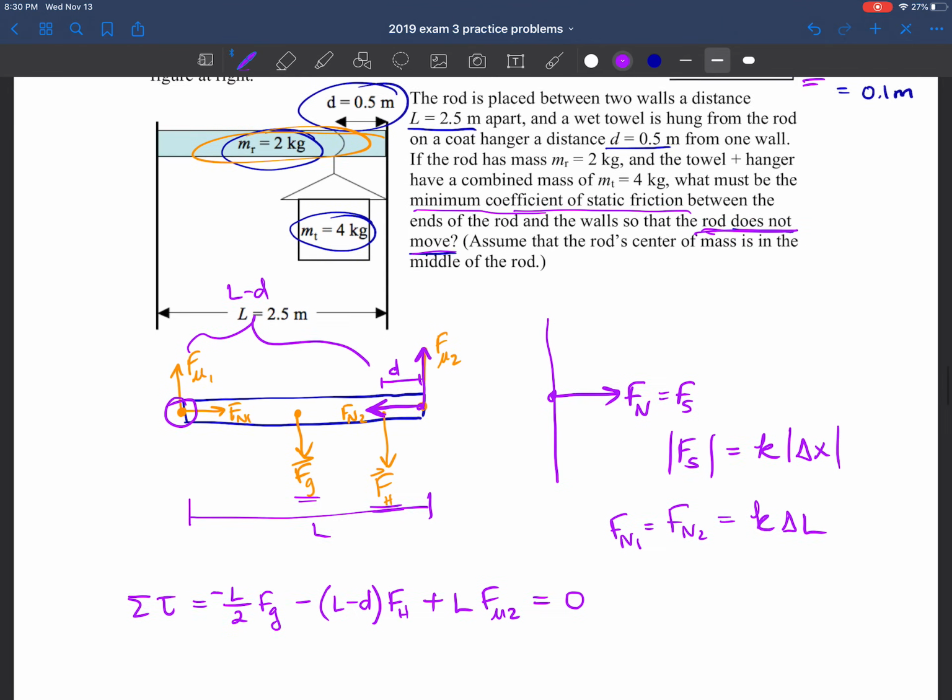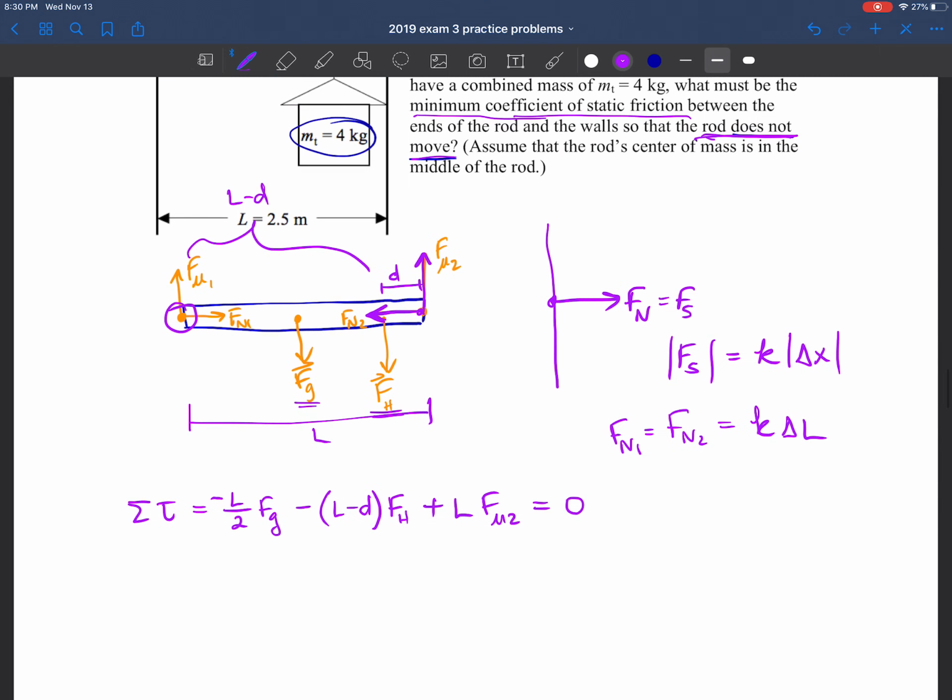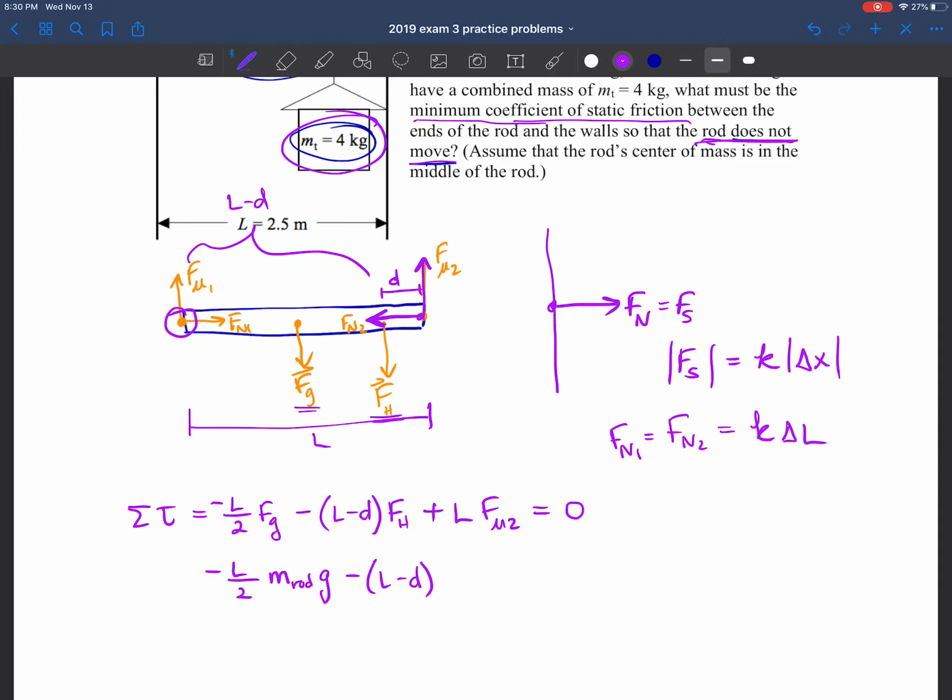Okay, so now what are we looking for? We're looking for the coefficient of static friction. So we have to substitute some of these forces. So we have minus L/2 times Fg, which is the mass of the rod times g. And we subtract Fh, the gravitational force due to the towel, so that's going to be the mass of the hanger and the towel, just lump them together, times g.